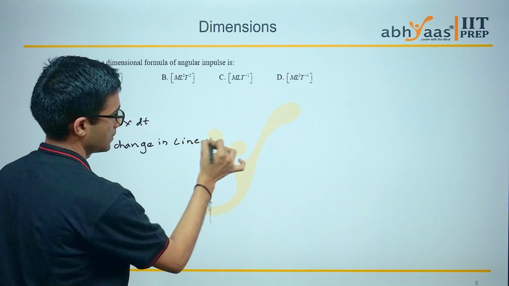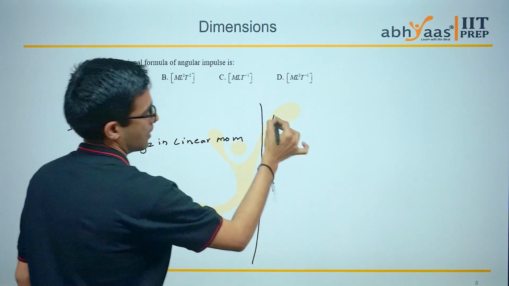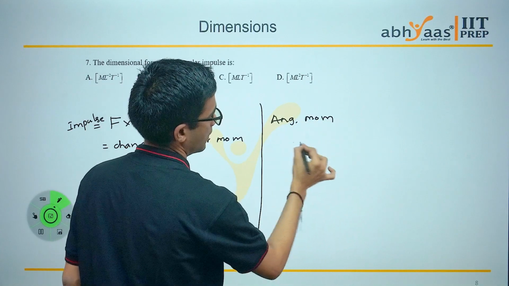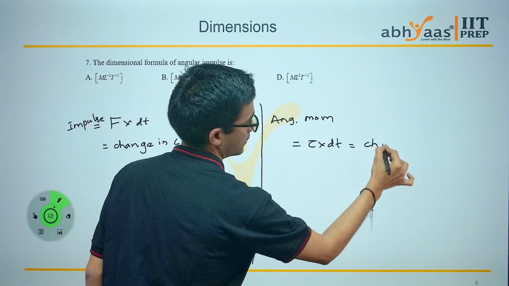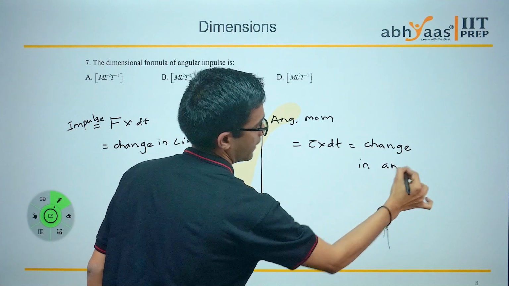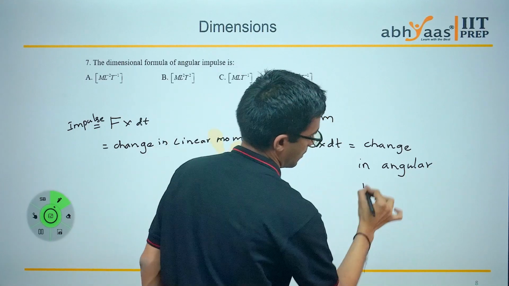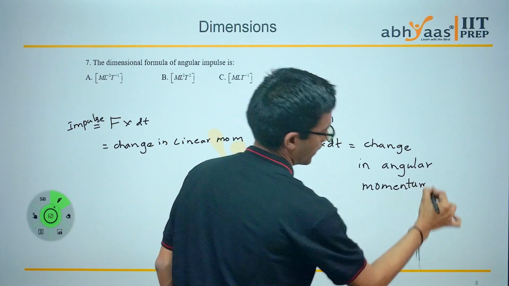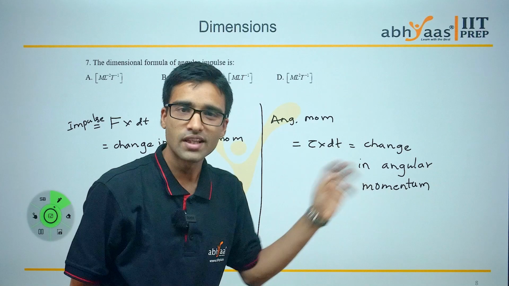But here, angular momentum. That is tau into dt is equal to change in angular momentum. So we can do in two ways, that is tau into dt or change in angular momentum.